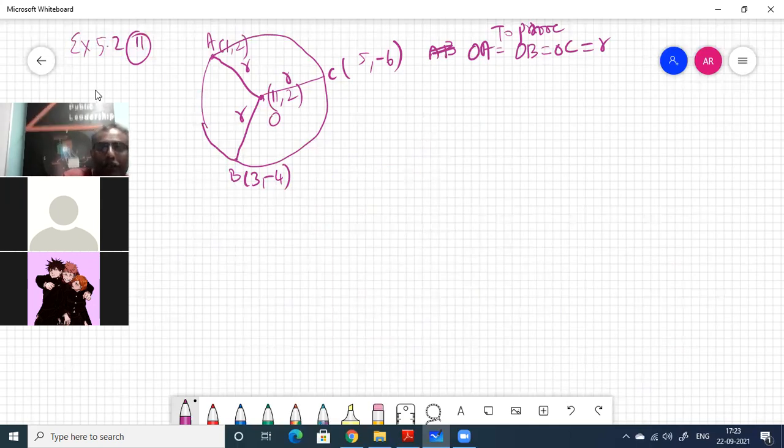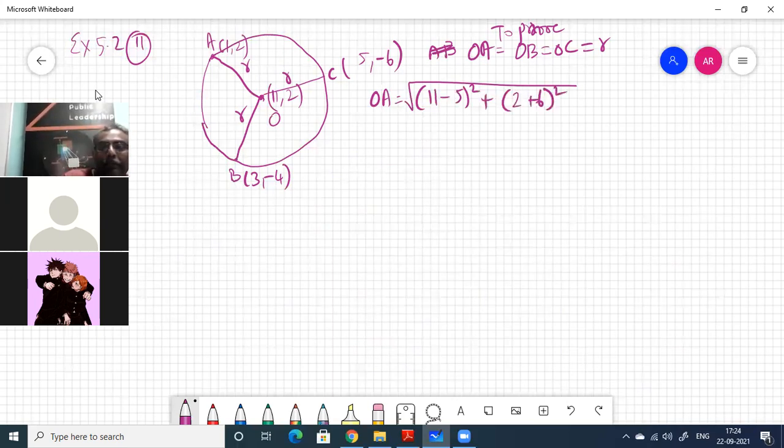First, let us take OA and find out how much it is. Square root of (x1 minus x)² plus (y1 minus y)². So (11 minus 5)² plus (2 plus 6)².